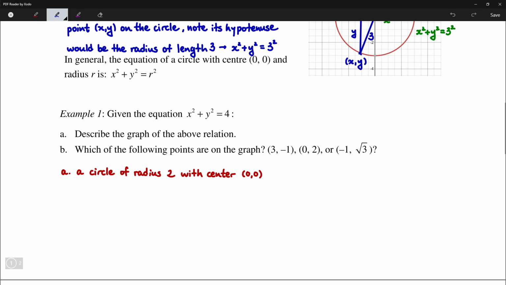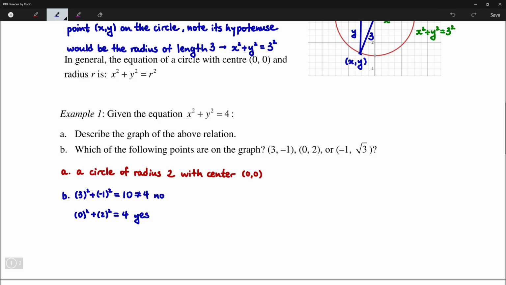Part B, the question asks which of the following points are on the graph. Let's start with the point 3, negative 1. We can substitute that into x squared plus y squared equals 4. So 3 squared plus negative 1 squared is equal to 10, and 10 is not equal to 4. So that's no. The second point, 0 squared plus 2 squared, is equal to 4, so that point is on the circle.